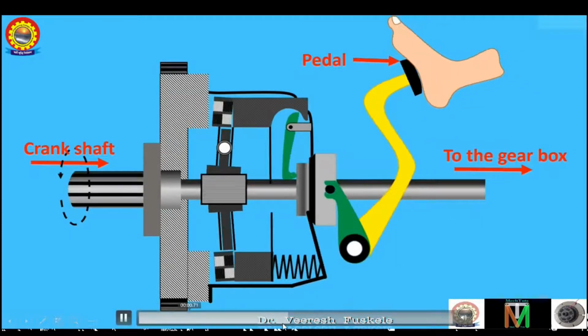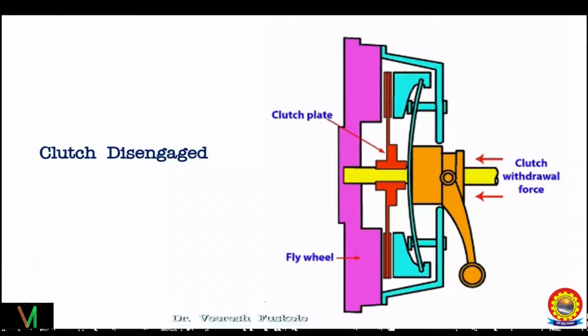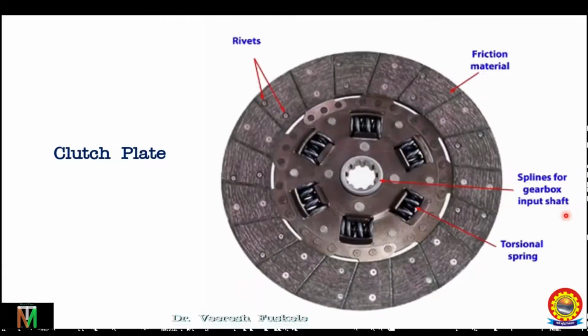So that's what happens in the friction clutch. These are the various components, and this is how the friction clutch works. Let's now look at each and every component, and we'll observe how they contribute to the functioning of the friction clutch. The first component that we'll see is the clutch plate.